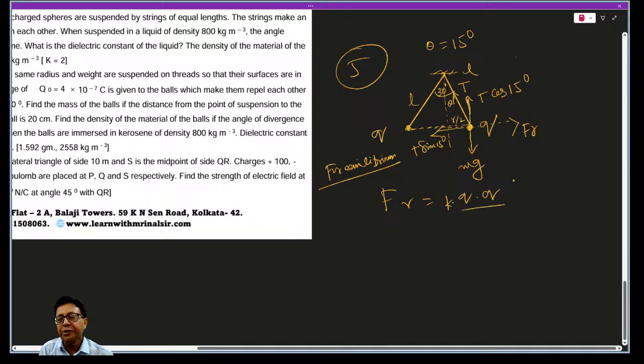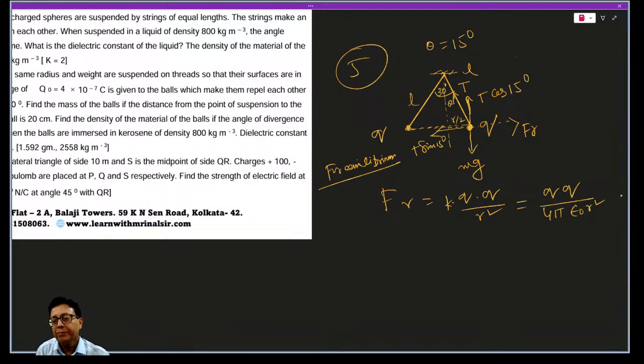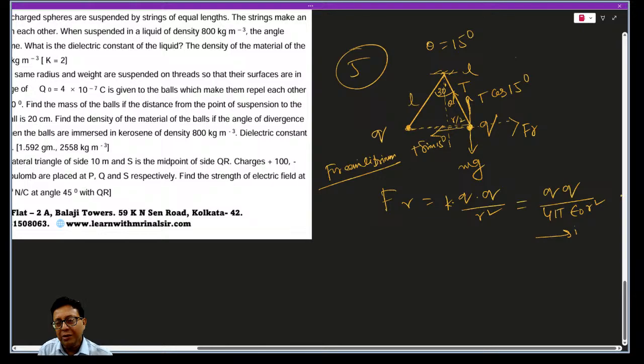K Q into Q by R square, in air only, you said. So the value of K will be 1 by 4 pi epsilon 0. This is number 1, and this Fr is being balanced by T sine 15 degree. Am I clear?